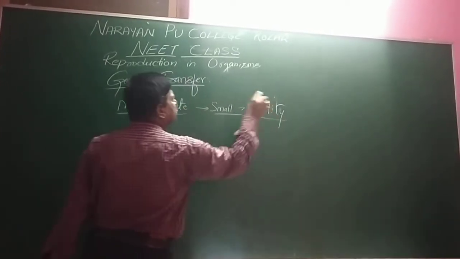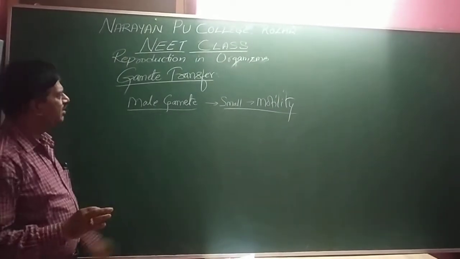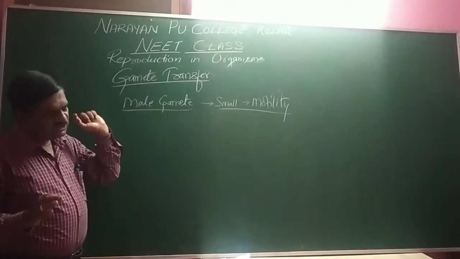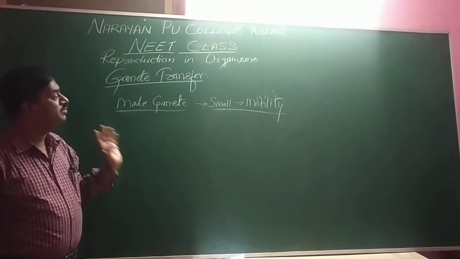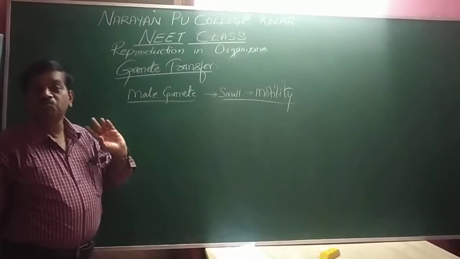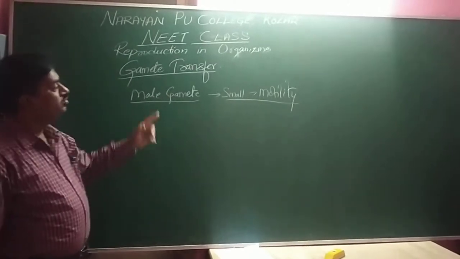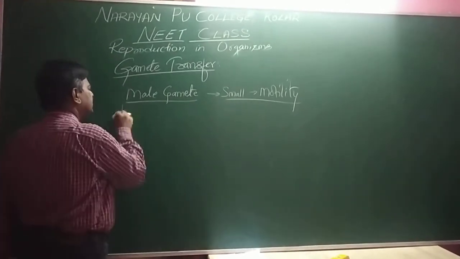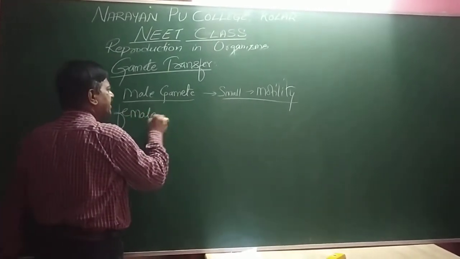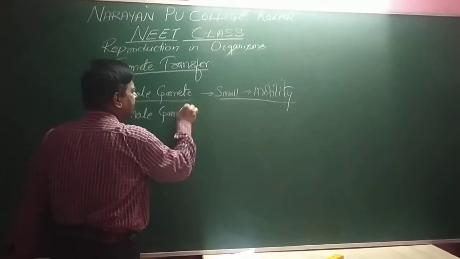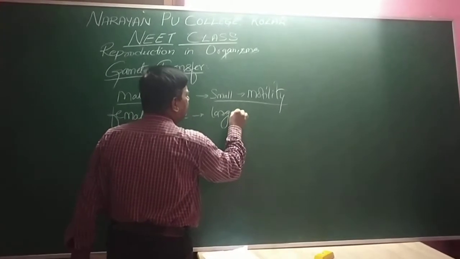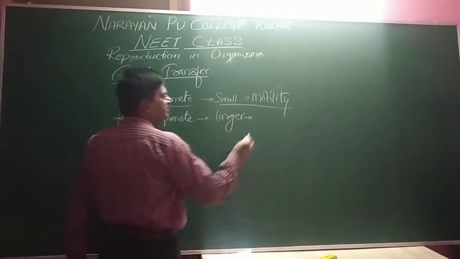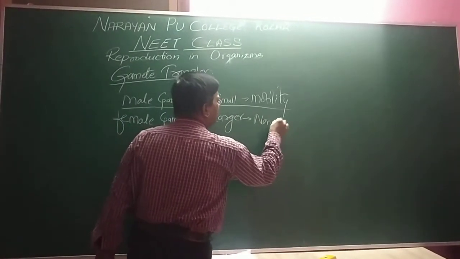So, in the majority of cases, not in all, the male gamete will be smaller and it has a capacity of motility. The meaning of motility: they can move. Whereas the female gamete, in the majority of cases, is larger, bigger, and usually non-motile.